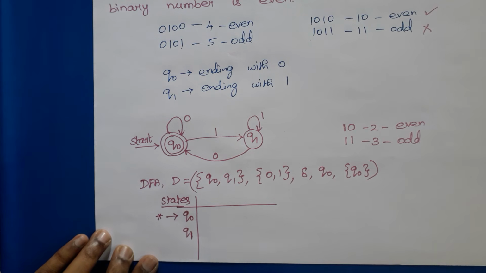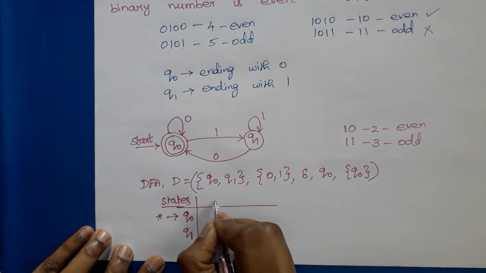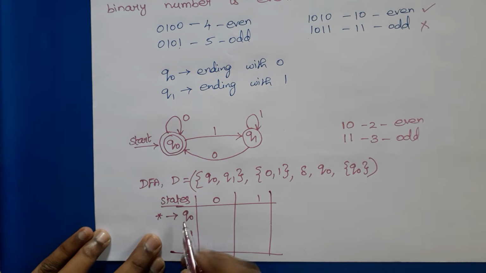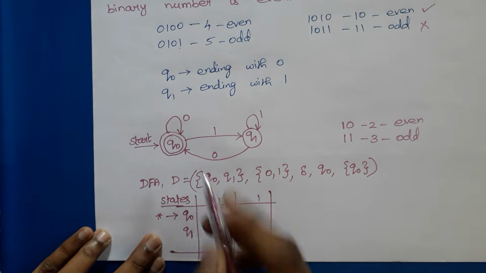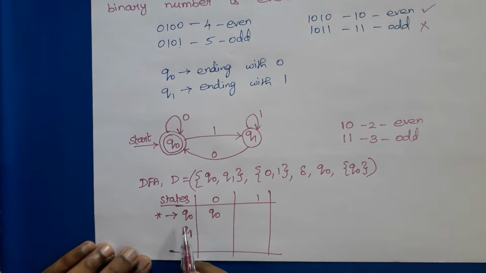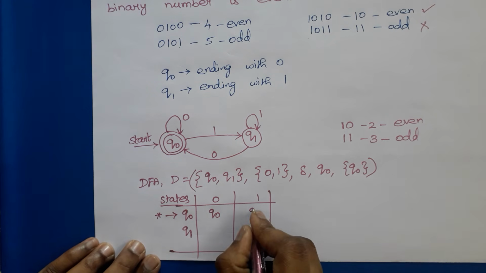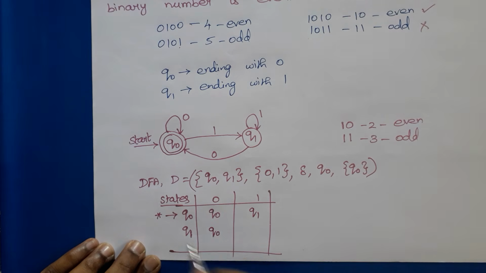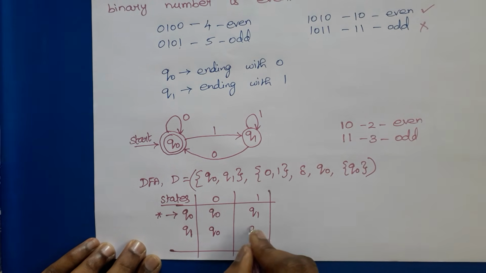Then the columns are the input symbols 0 and 1. Now we can fill the table. From Q0, 0 goes to Q0. From Q0, 1 goes to Q1. Then from Q1, 0 goes to Q0 and from Q1, 1 goes to Q1.